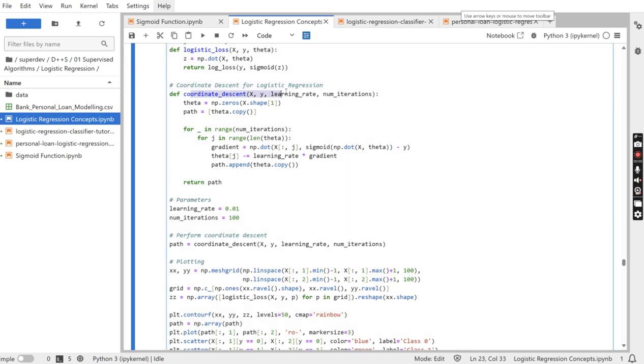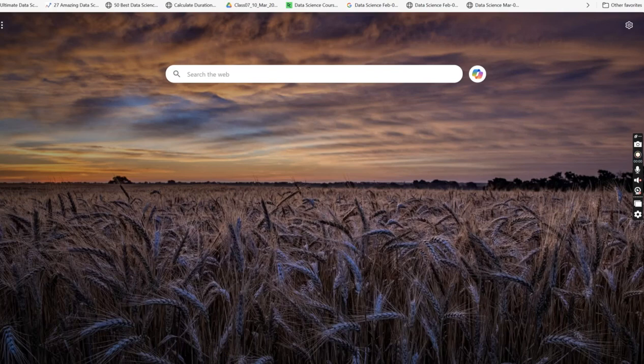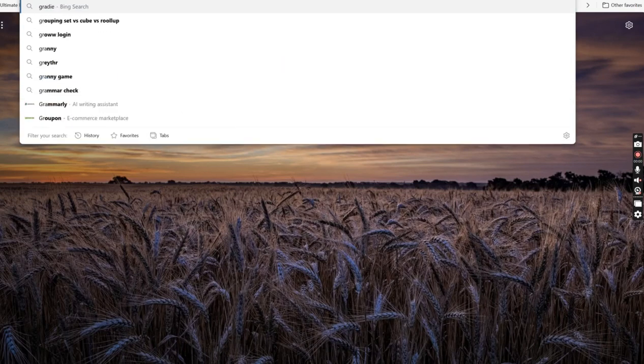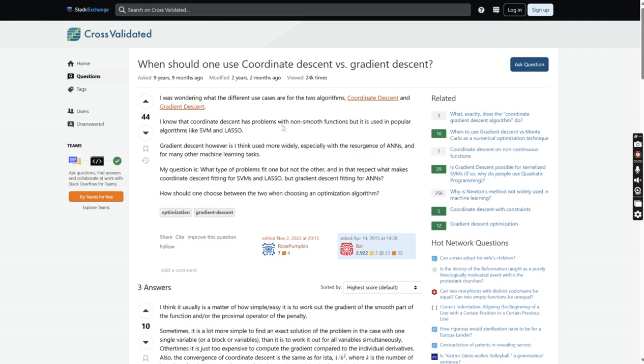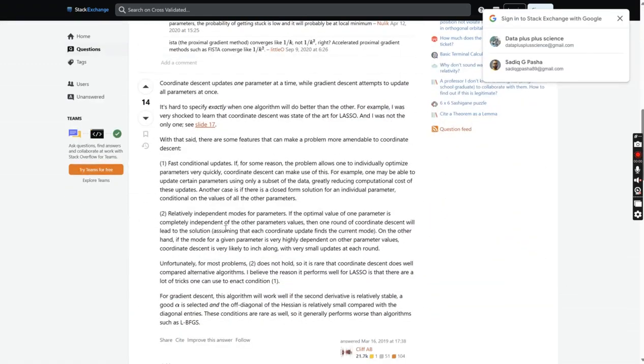So basically coordinate descent is very similar to gradient descent. Let me open it here. I think I had the link. I lost the link for gradient descent. There is a minor difference between the two, which one you should choose and how to choose. I think not this link.